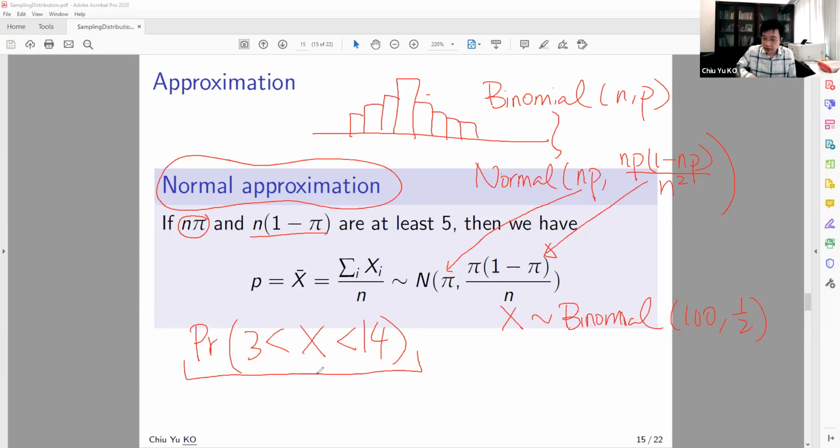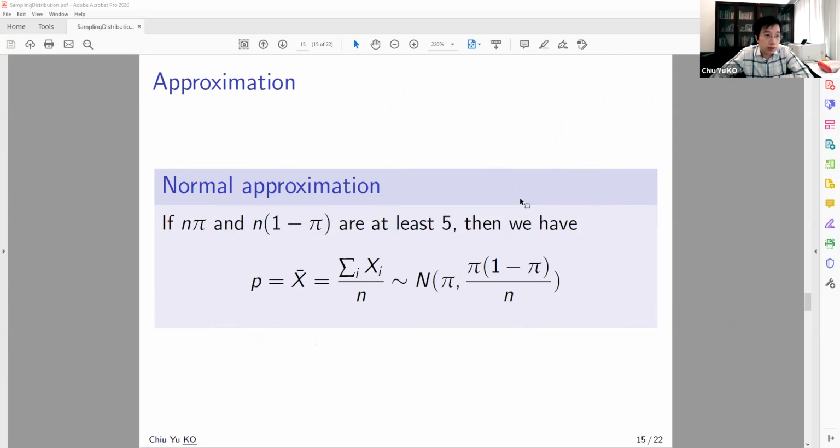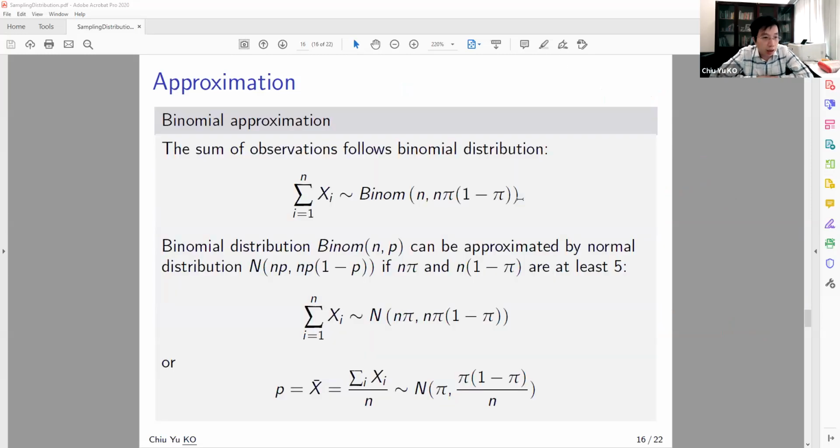So that means the sample proportion, again when this is at least 5, we will consider it normal. You can invoke the central limit theorem; one way or the other is fine. Let me show you the approximation.